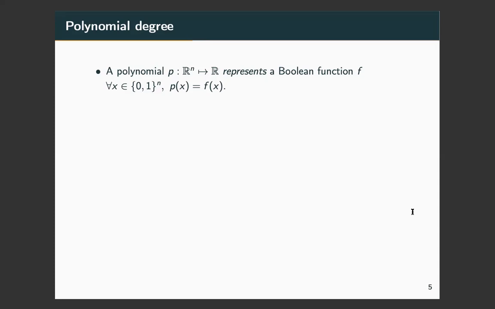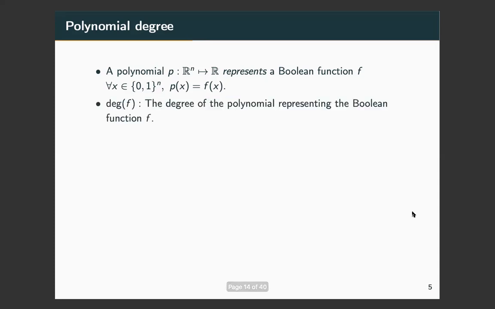We say that a real n-variate polynomial p represents a Boolean function if at all the {0,1}^n inputs, the polynomial evaluates to the function value at that input. There is a unique multilinear polynomial representing the function, and its degree is called the degree of the function. When a function has full degree, that is, when its degree is equal to n, it imposes certain properties on the hypercube restricted to the sensitive edges.